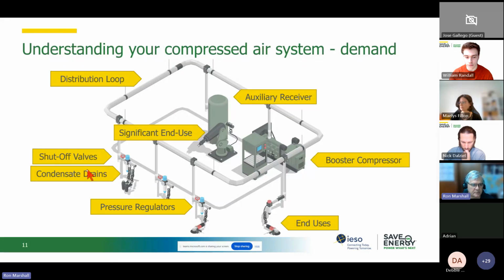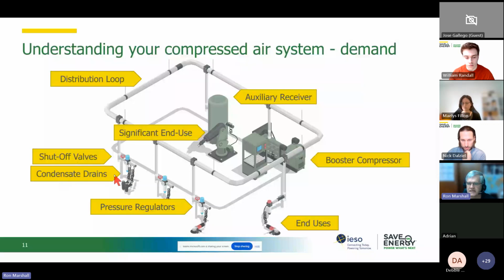And that might be causing the pressure to be too high. Even I have a booster compressor here. And uses pressure regulators, we call them FRLs, filter regulator lubricators sometimes. Very often, right there is where the biggest pressure drop in the plant is and should be investigated.